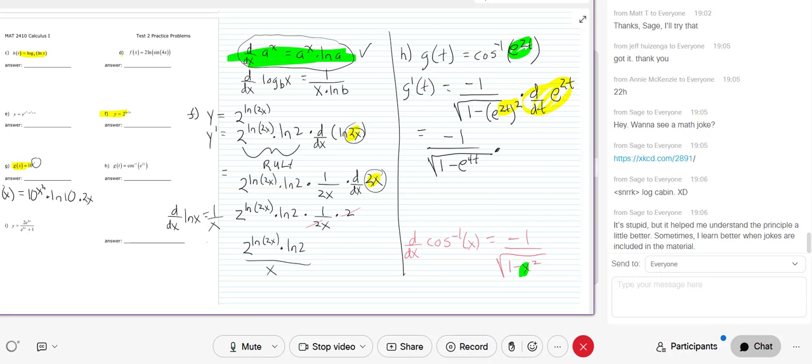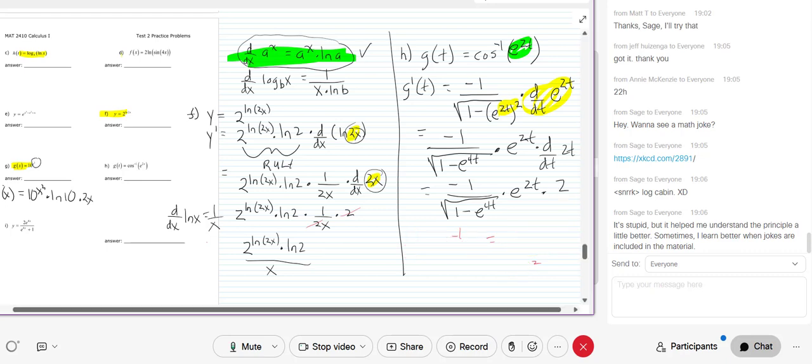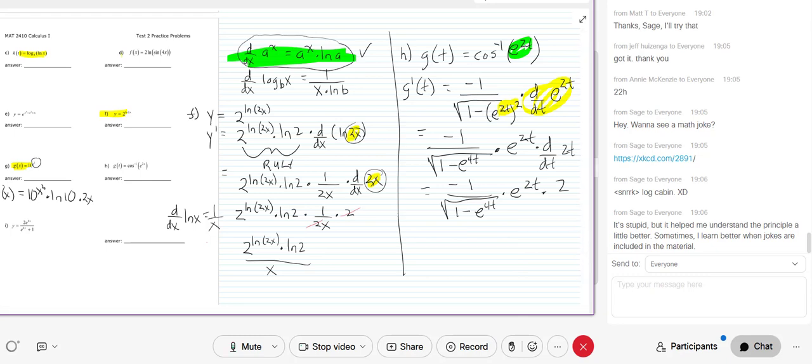The derivative of e to a power is itself times the derivative of the exponent. So when you put the whole answer together, you have -1 over the square root of 1 minus e to the 4t, times e to the 2t, and then the derivative of 2t is 2. The best thing to do is put it in one fraction and write the answer as -2 e to the 2t all over the square root of 1 minus e to the 4t. That would probably be the simplest way to do that.